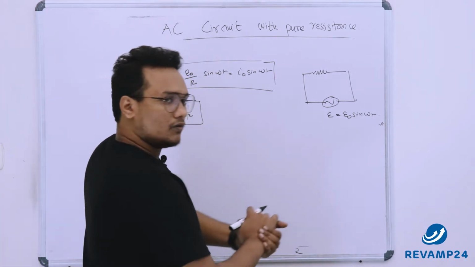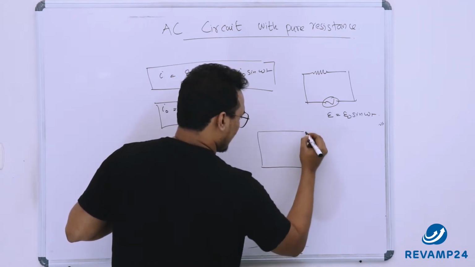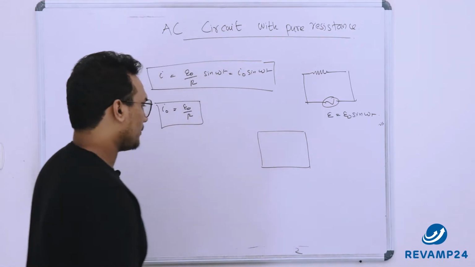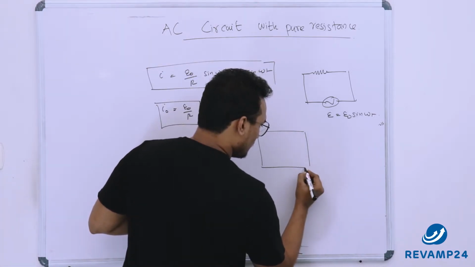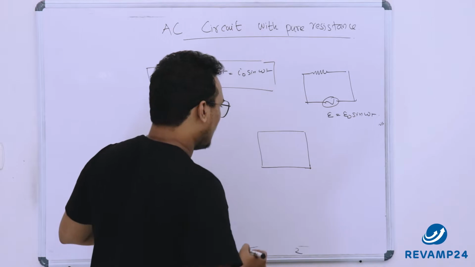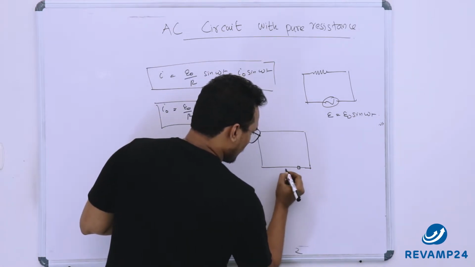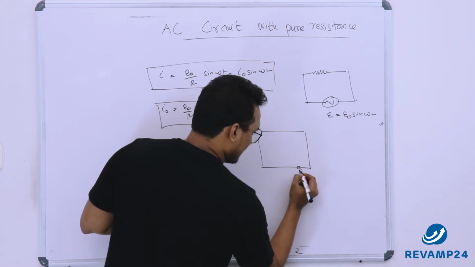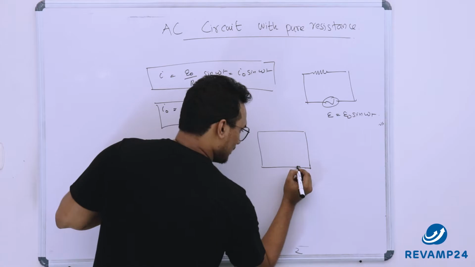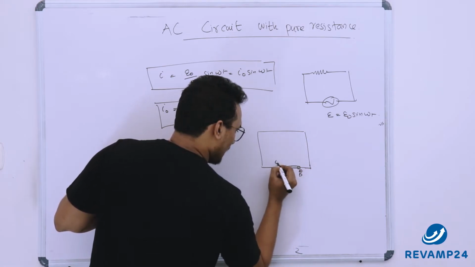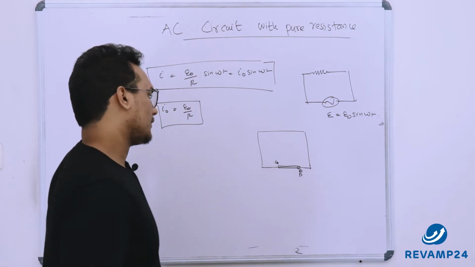Now I will give you one more example. Let's say a train is taking a path in this way. The train will have a guard. Let's say the engine driver is very near the engine, and at the back end we have the guard. So this is the guard and this is the driver.